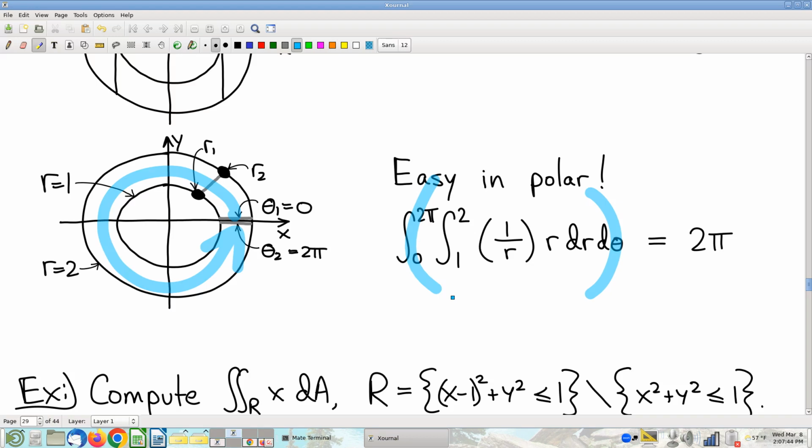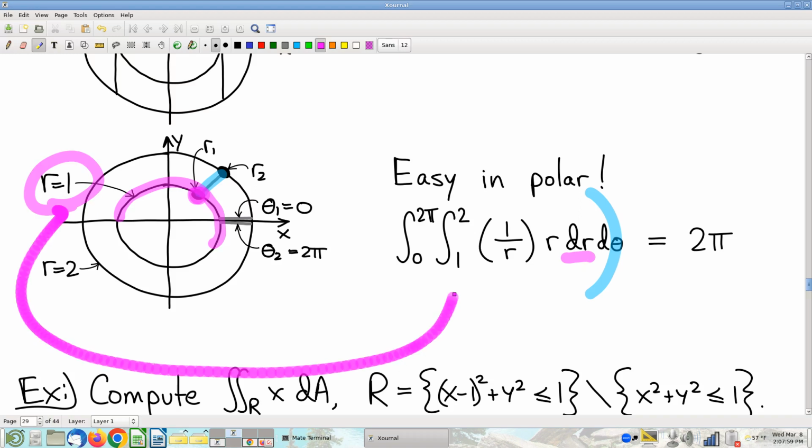Nothing to it. For a given value of theta, now let's fix a value of theta. What's the range of values of r? Well, r starts at that point, which is on this curve, which has this equation. So our lower bound is 1.